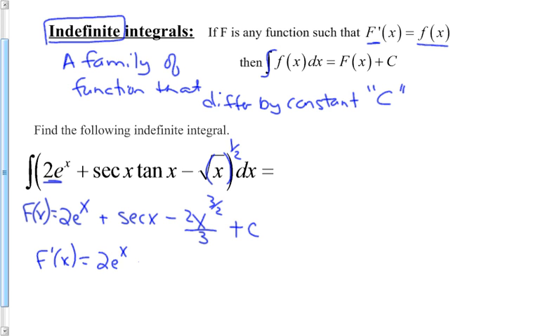The derivative of secant will be secant of x times tangent of x, minus the derivative of the next part. Bring the 3/2 down in front. It will cancel with the 2/3. I'll be left with x, going down with my exponent to 1/2. The derivative of the c is 0. Well, now I'm right back to where I started from. So I can always go and check these indefinite integrals.